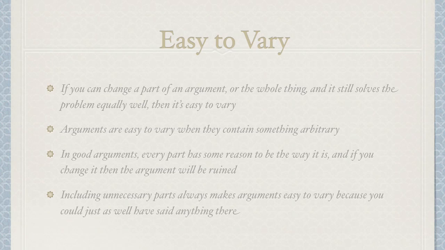If you put something completely arbitrary into an argument, then it's going to be easy to change it around. And it's not a very good argument. In a good argument, there's always some reason for every part to be there and be the way it is. There's some specific purpose everything is serving. So if you see an argument that's easy to change around and it still works just as well, that's a problem with the argument. The argument should be made more adapted to the problem it's solving.